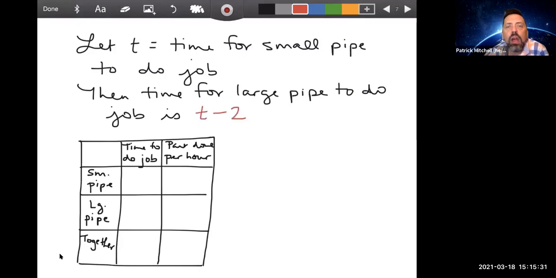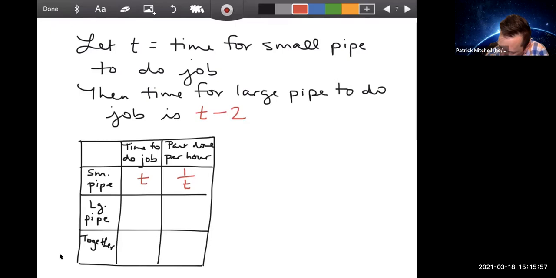Okay. So this is an example of a shared work problem. We did these all the way back in chapter 7. And so we did them with these charts, remember? All right, so the time it takes the small pipe to do the job alone, we're calling that t, which means that the amount that gets done in 1 hour is 1 over t.